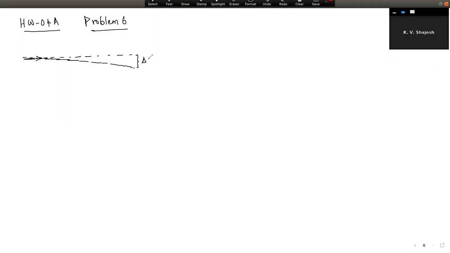This is very similar to the problem we had with a package we dropped from an aeroplane, and we started on this problem in the class today in the morning. So a bullet has a very high speed, and its initial velocity, which is purely in the x direction, is 750 meters per second.